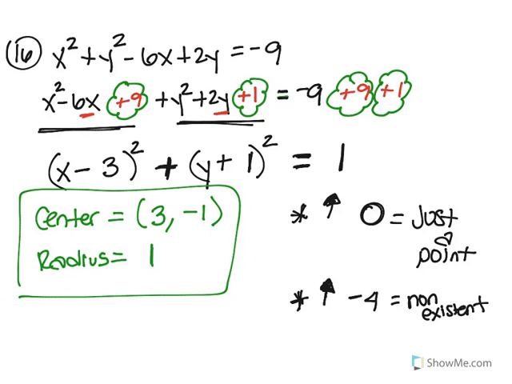Non-existent, and that's one word, but I couldn't get it up there together. Non-existent. And y'all do remember we talked about that. If you get a negative, it's non-existent. But if you get a number, you can actually give me the center and the radius. But if you get 0, it's just a point. Okay?